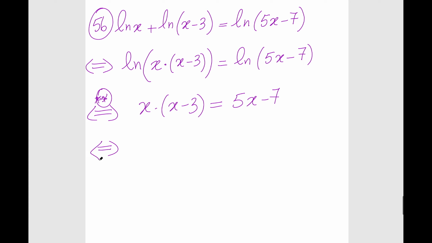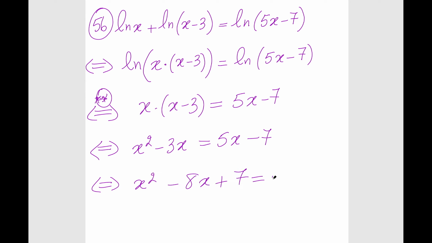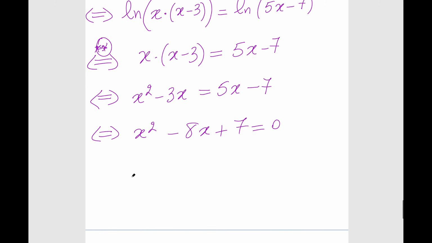All right, this is also quadratic. So x squared minus 3x equals 5x minus 7, which means x squared minus 8x plus 7 equals 0. If you add 7 minus 5x to both sides, you should get this. Am I correct? All right. And if you want to factor this, you can use quadratic formula, or you can use some intuition.